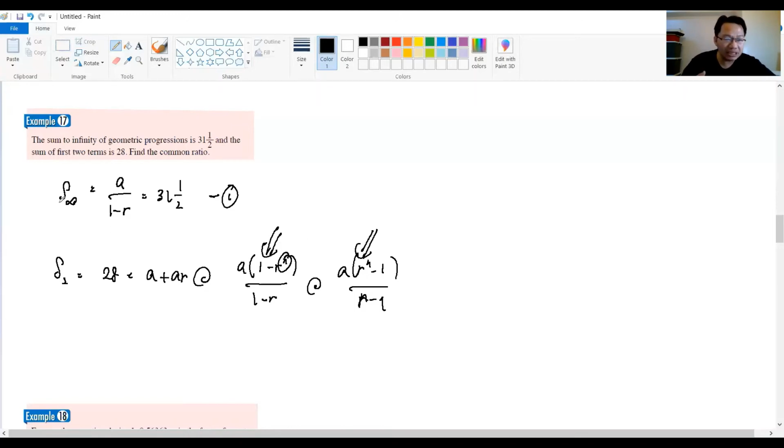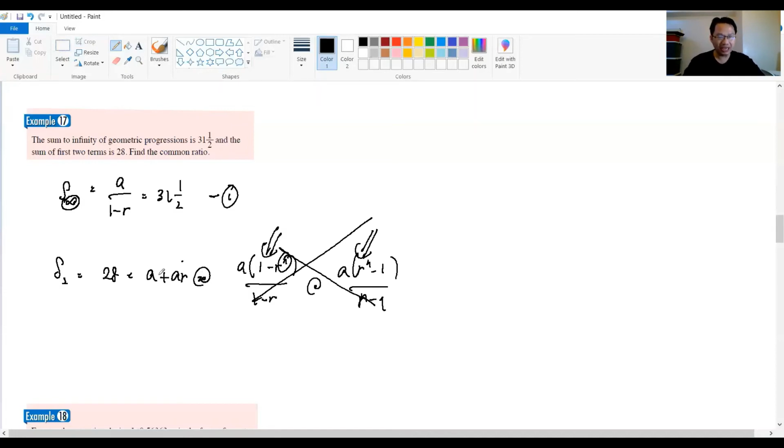But here we are dealing with infinity. We don't know the value of n for infinity. That's why it's not suitable to use this kind of formula. That's why we elaborate traditionally, to form the second equation here.